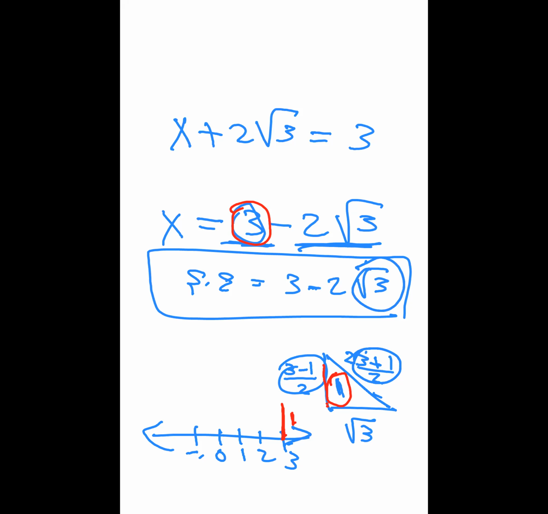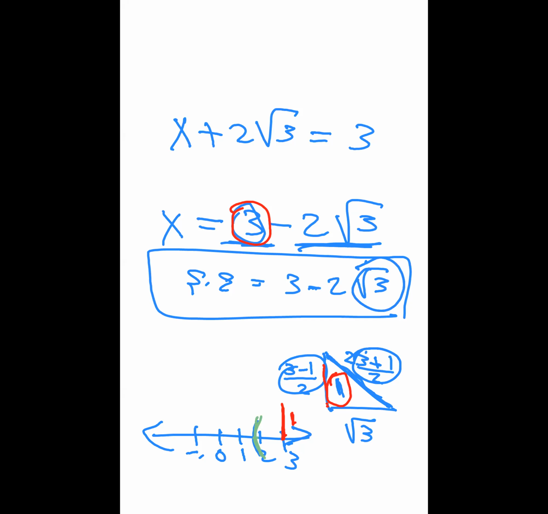Yeah, clear. Then for square root of 3, I'm going to open the compasses with the length of the hypotenuse, which is 2, and draw one arc to intersect that number line. So the intersection will be here, for example. So this one is square root of 3.